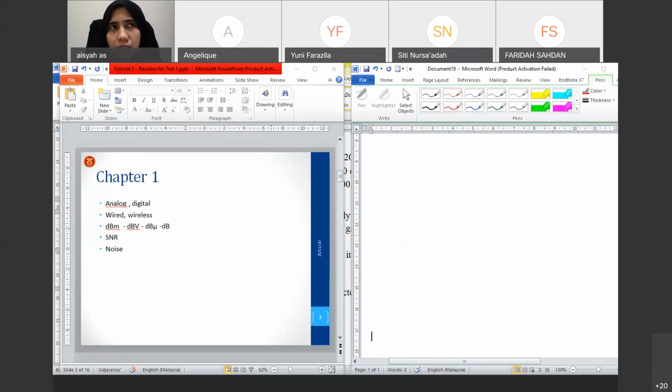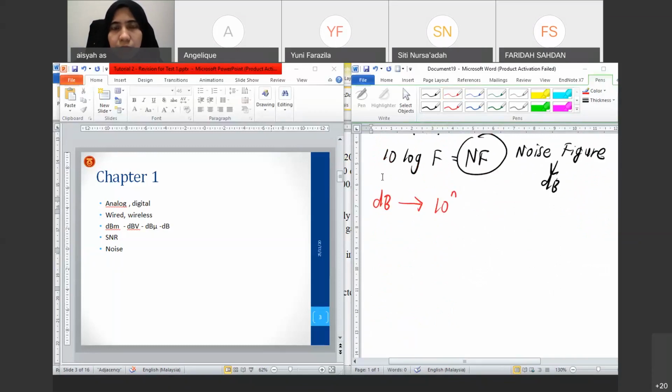This means, for example, here, if only dB is given, okay, this is dB only. But if the noise figure is given in dBm, you need to change it. This means 10 log P over 1 milliwatt.